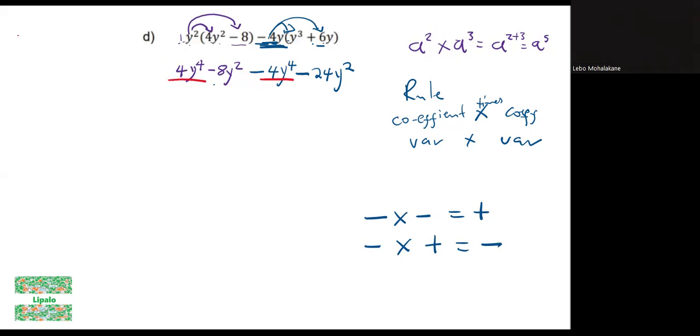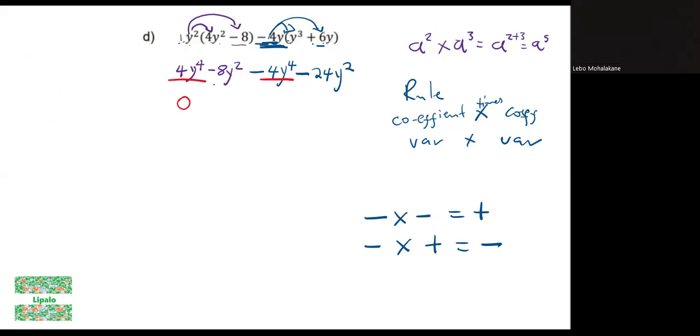So I'm going to have 0, right? And then these do not change. I still keep the y exponent 4. So I have y exponent 4. 0 times anything, that's 0. So that's why I'm going to have a 0 there. 0 times 5 equals 0. 0 times x equals 0. So that principle we know from previous grades.